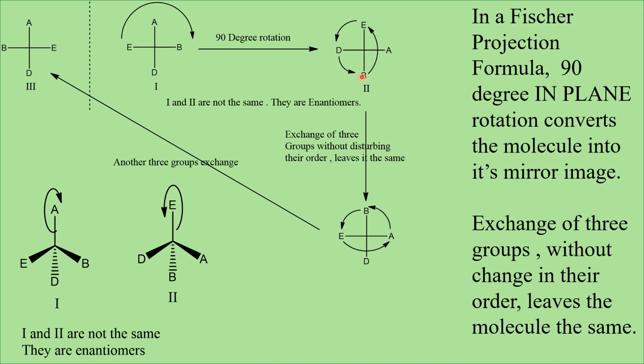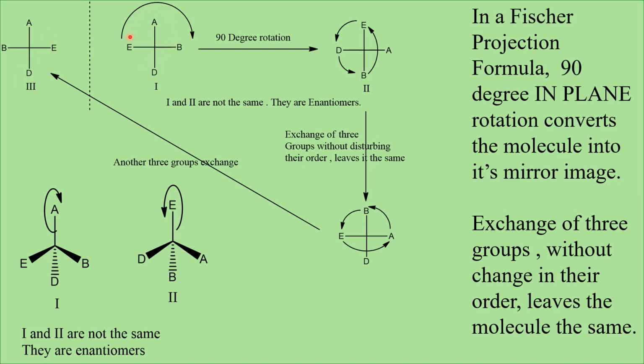D I am bringing here, B I am bringing to the place of E, and E goes to the place of B. So these three groups I am exchanging. I am getting a structure like this. And I am doing one more three-group exchange with these three groups. So after these three group exchanges, I am ending with this structure, and you can see these two are the mirror images.